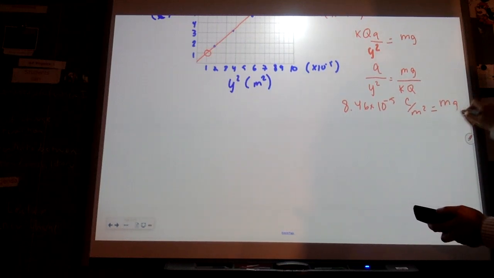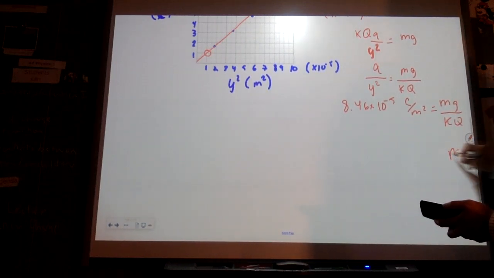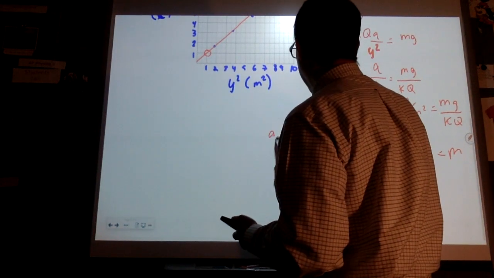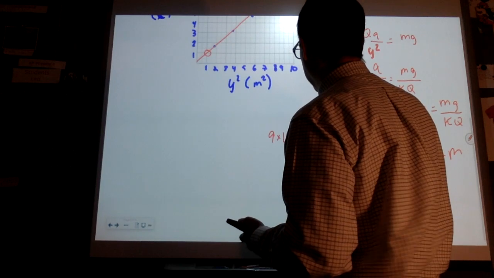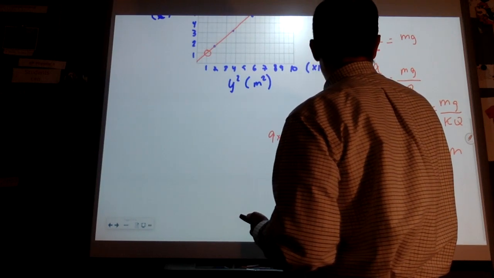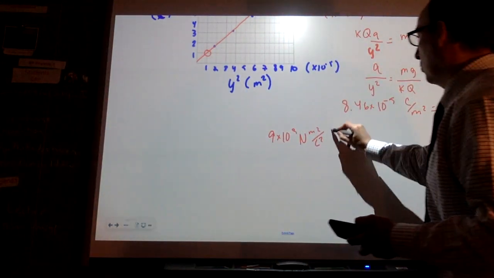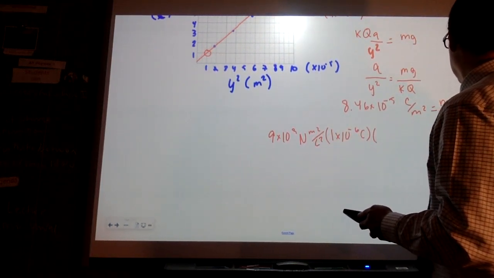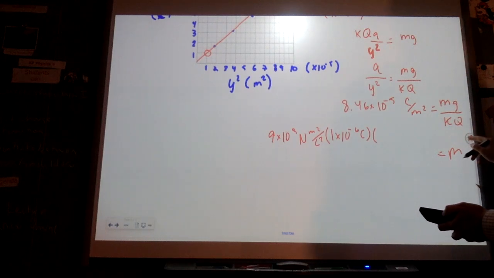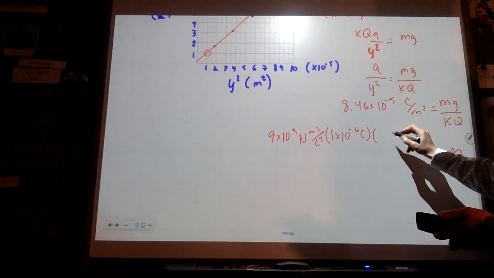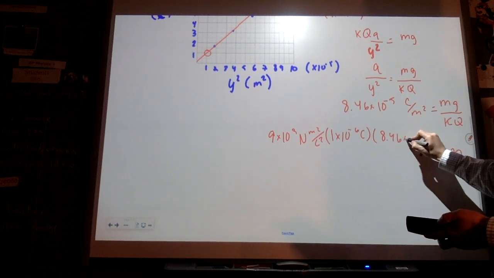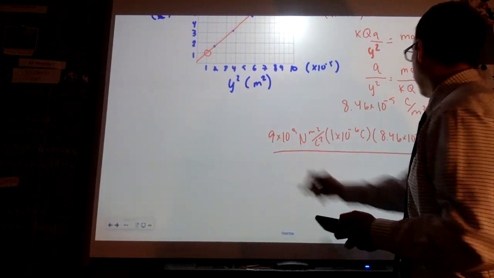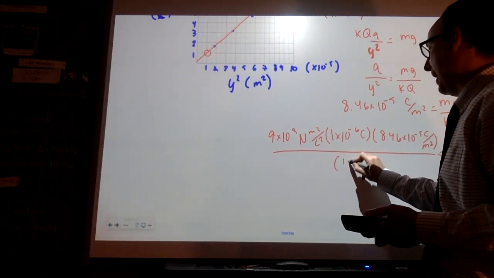This is equal to mgk over Q. So m would be equal to Q times this: 9 times 10 to the 9th newton meters squared per coulomb squared, Q, which is 1 times 10 to the negative 6 coulombs, times the slope, which is 8.46 times 10 to the negative 5th coulombs over meters squared, divided by 10.